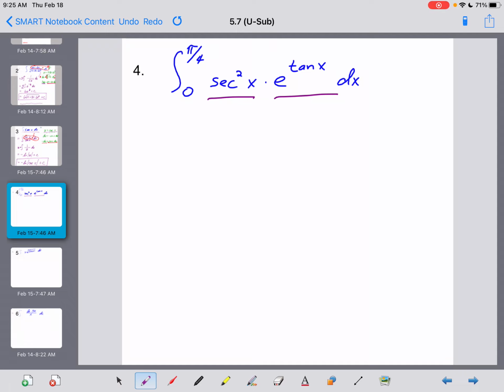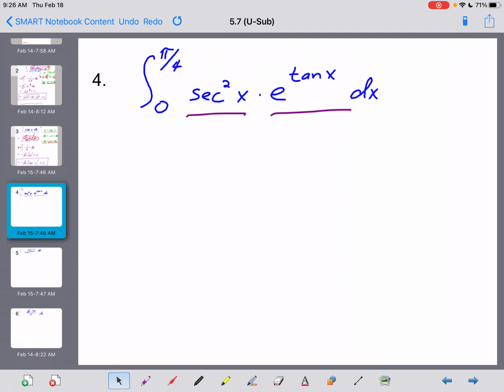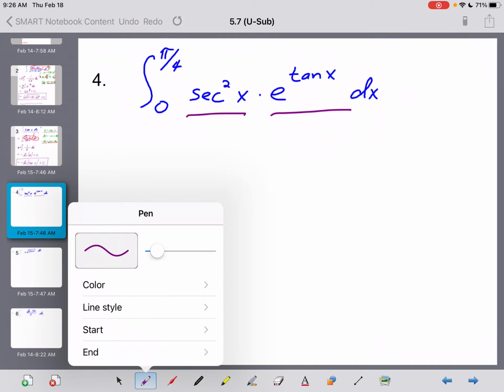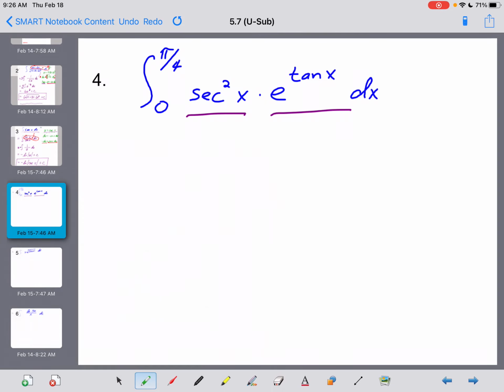So, same 2 questions. You should be sick of hearing them already. Are there 2 distinct parts to your integrand? Yes, there are. Secant squared of x times e to the tangent of x. And is the derivative of one of those parts somehow related to the other part? And I'm hoping you see the connection right there. So let's try it, guys.